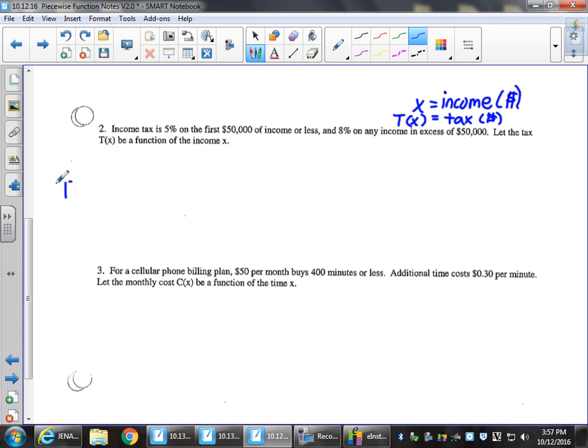So we have T of X equals, let's work on building the first piece. It says income tax is 5%, so 0.05X on the first 50,000 of income or less. So if my income is between 0 and 50,000, this is my rate.